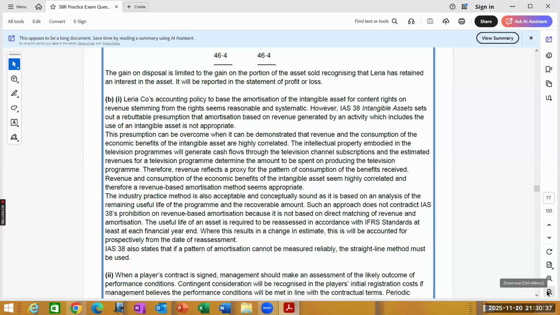And then they discuss the appropriateness of both methods, the revenue-based method and the remaining useful life-based method, and both methods are appropriate. But in the case study, you will read that the revenue-based amortization method is not generally recommended by IAS 38, but yes, it can be used as far as it gives you an appropriate assessment of the consumption.